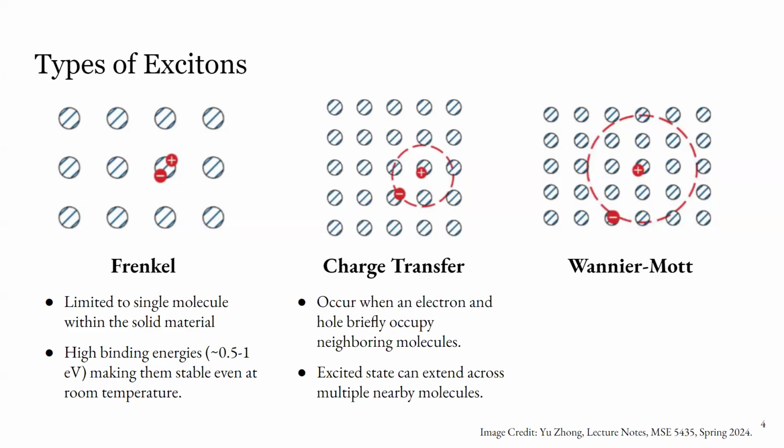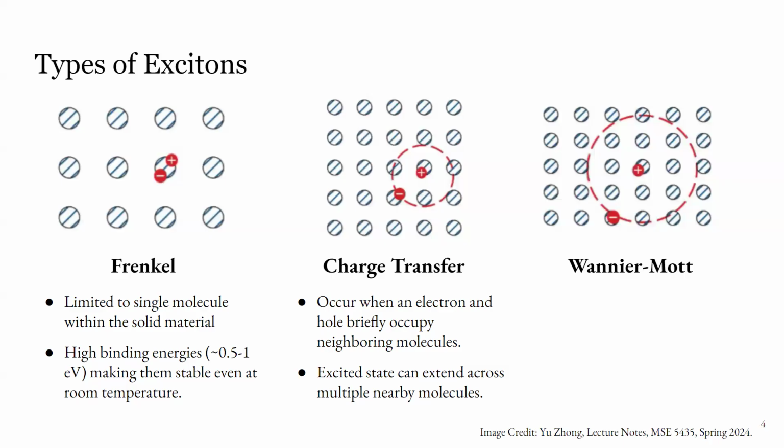The second type are the charge transfer excitons. They're formed when an electron and hole in the process of movement briefly occupy neighboring molecules. These molecules can either be similar or create a heterojunction with dissimilar materials, providing a pathway for the electron and hole to be bound together by the Coulomb force.